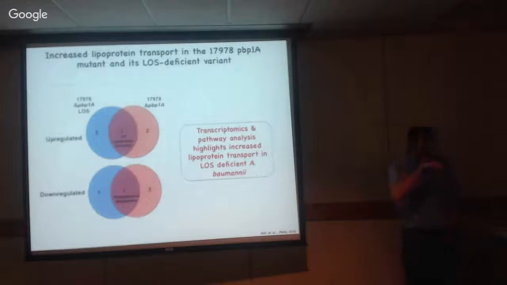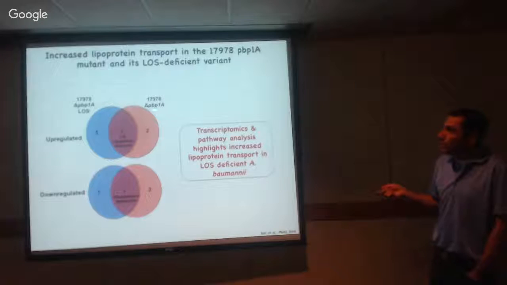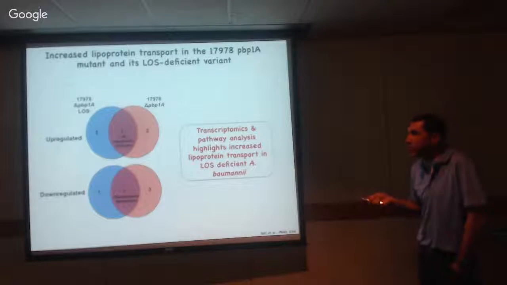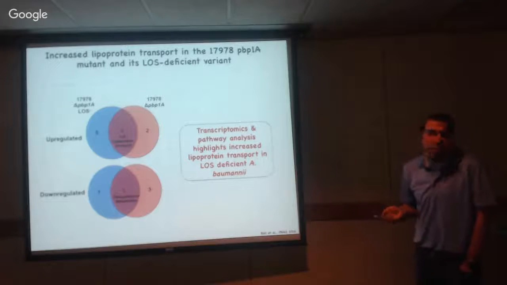So we did some RNA-seq on these mutants, the PBP1A mutant and the LOS deficient mutant. We did pathway analysis using the transcriptomics, and we looked to see what pathways were upregulated and what pathways were downregulated.